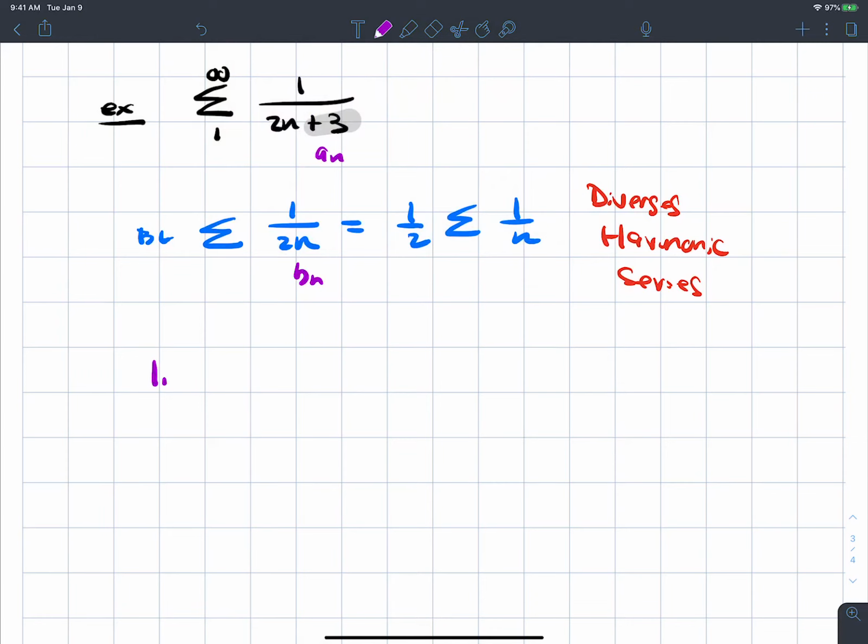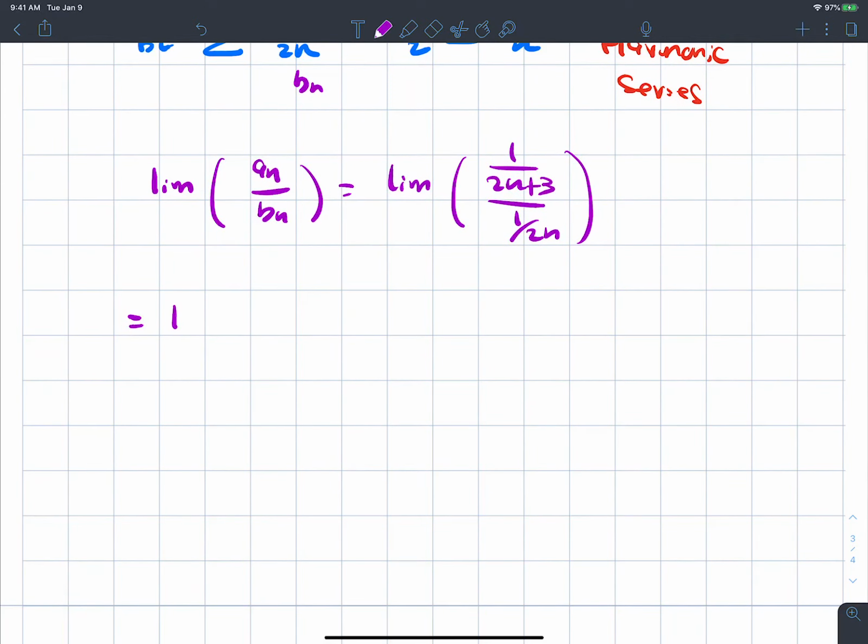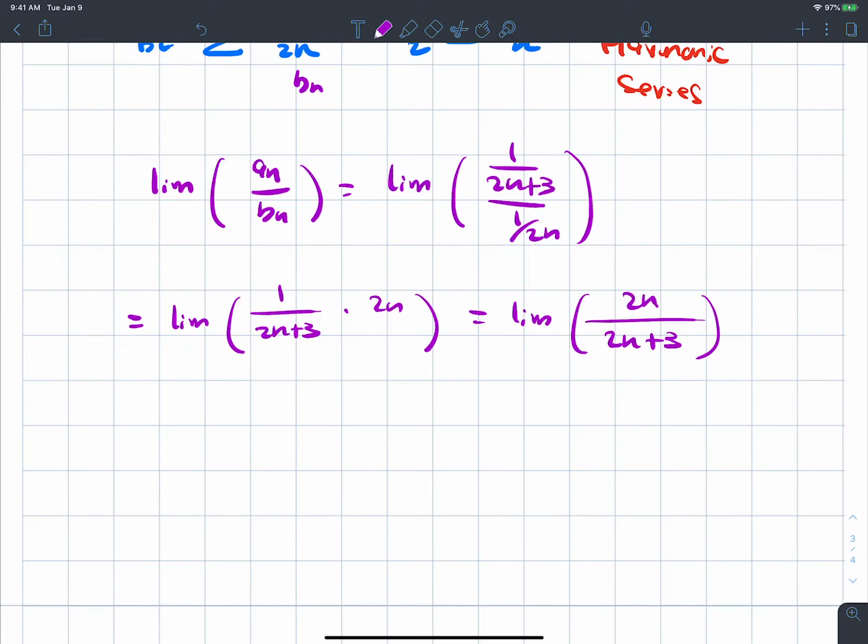We're going to look at the limit here of the ratio of a_n to b_n, which is the limit of 1 over 2n plus 3 over 1 over 2n. And this will give you the limit of 1 over 2n plus 3 times 2n, which is the limit of 2n over 2n plus 3.